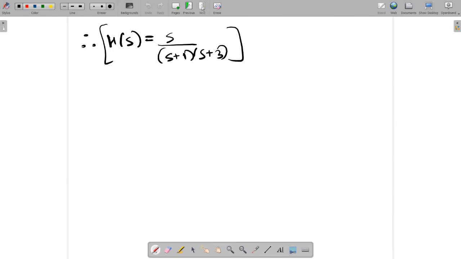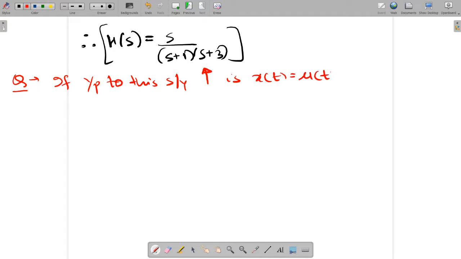Now if I add one more question: if the input to this system is x of t equal to u of t plus delta t, find the output.